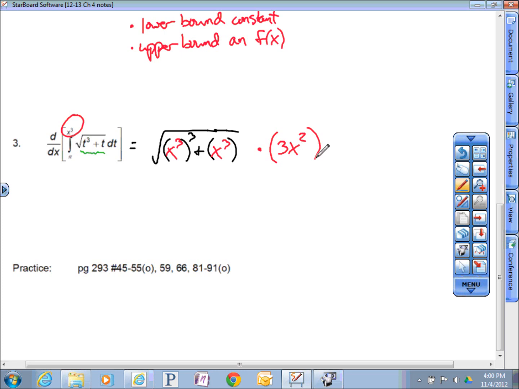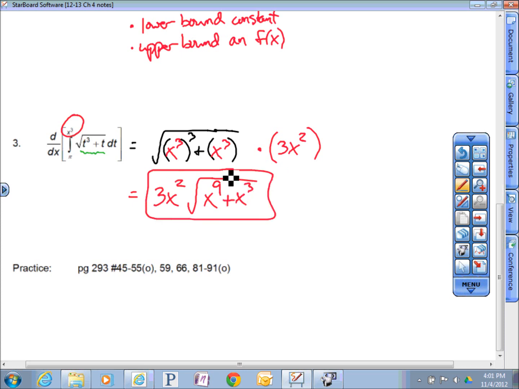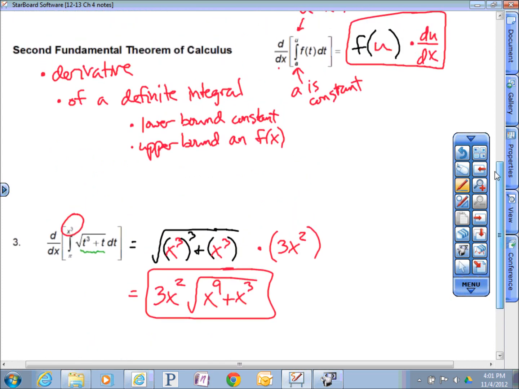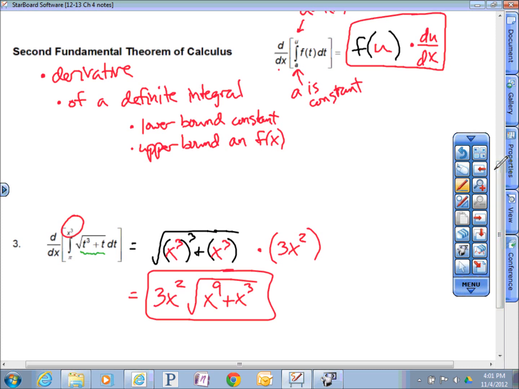By the time I'm done simplifying, I get 3x squared times the square root of x to the 9th plus x cubed. One shot, second fundamental theorem of calculus. Now it has some crazy rules to it, but it's going to be a really nice little shortcut when you have an integral like the one I have underlined in green that we really don't know how to do. So that's the second fundamental theorem of calculus.